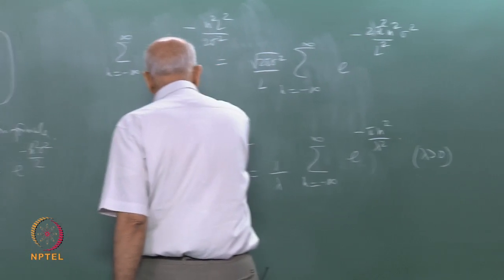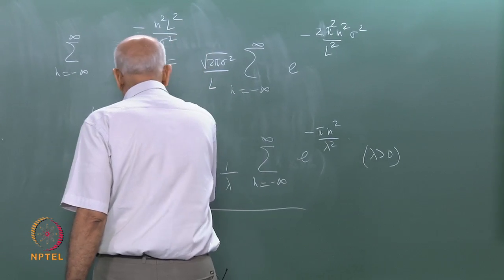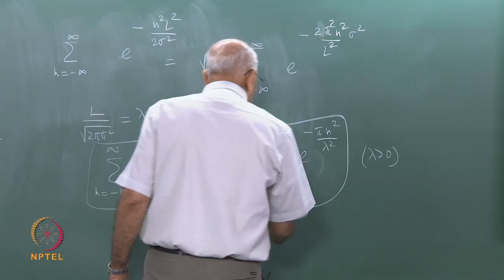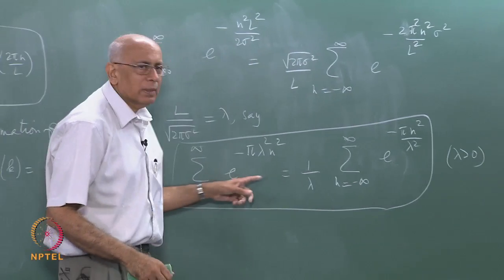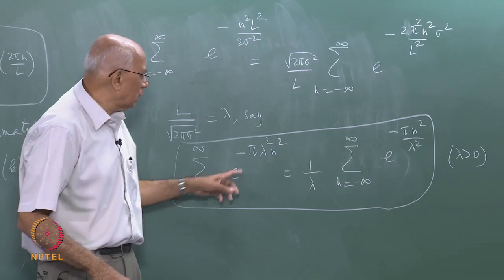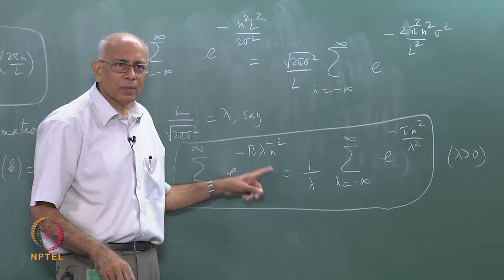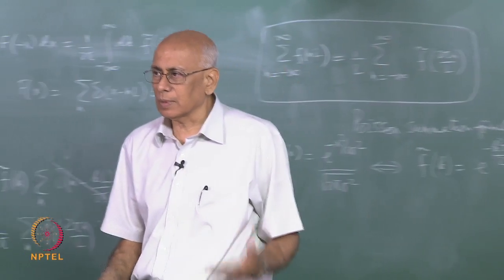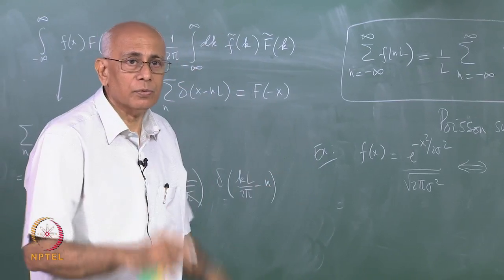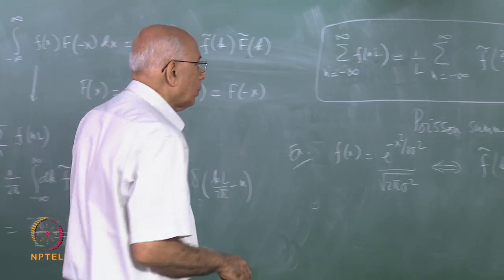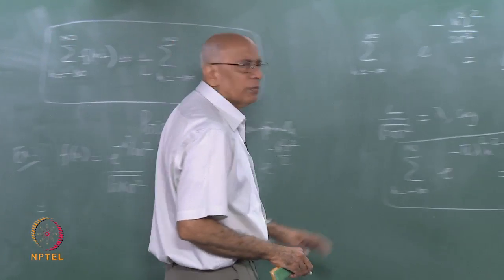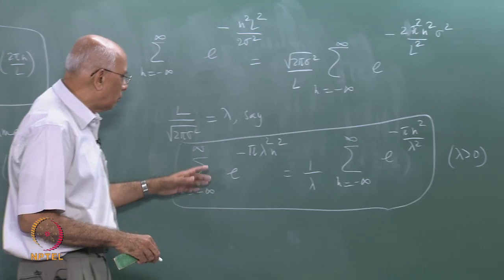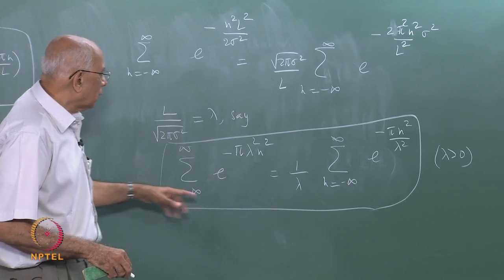So this is an extremely remarkable formula, because it is saying something about a sum over the integers of not e to the n, it is not linear in n, but it is quadratic in n. Such sums are called Gaussian sums, and they have a large number of weird intricate properties, and the whole theory of theta functions and so on involves such sums. Now notice what has happened.